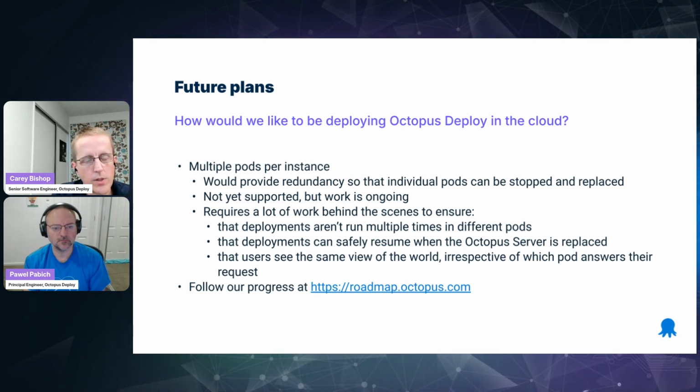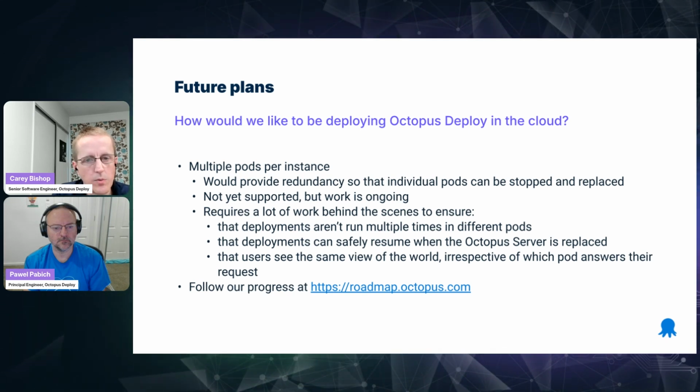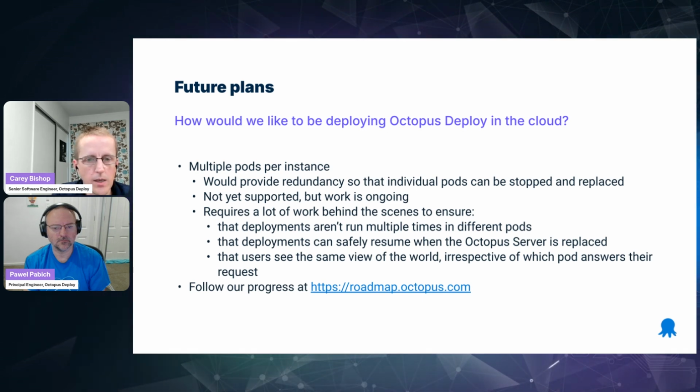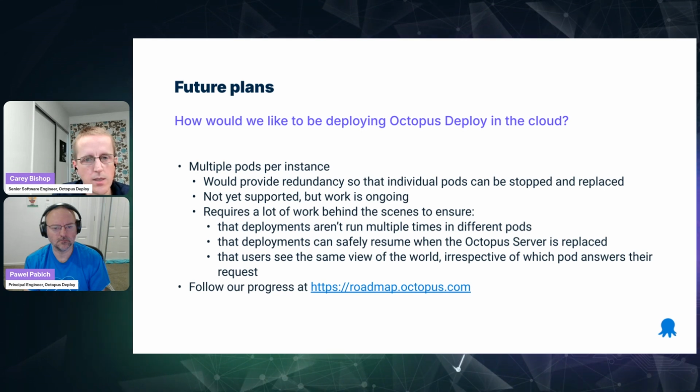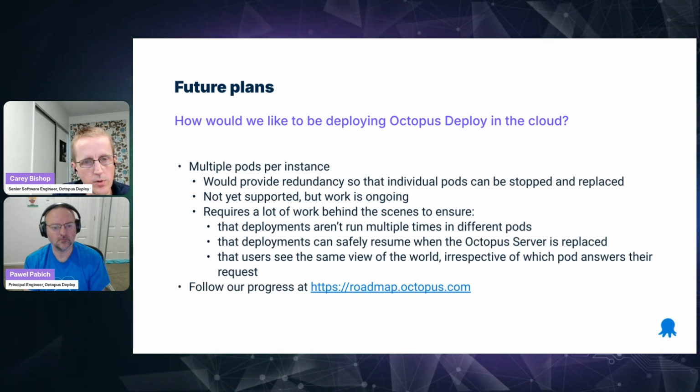We also want to make sure that any users of that cloud instance see the same view of the world. So we wouldn't want a scenario where one customer is talking with one pod and they see that version 1 has been deployed of their application, but another customer that's hitting the second pod of their instance sees that there's a different version deployed.